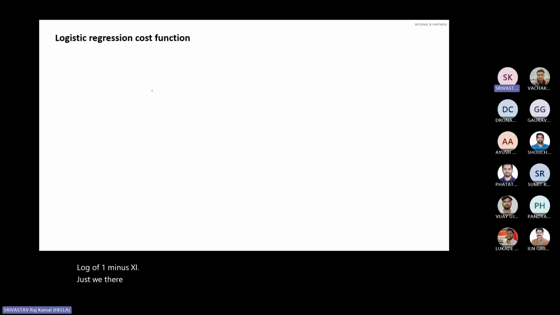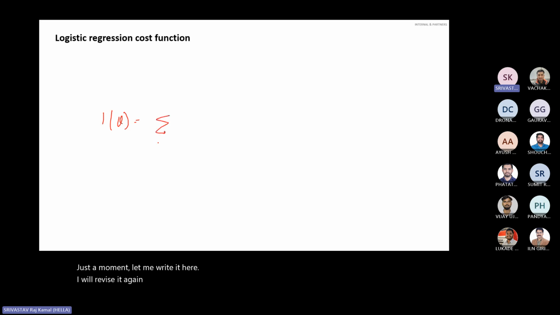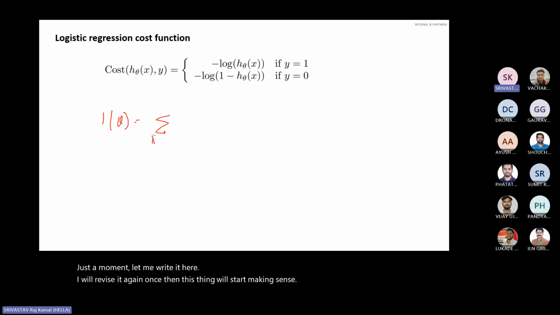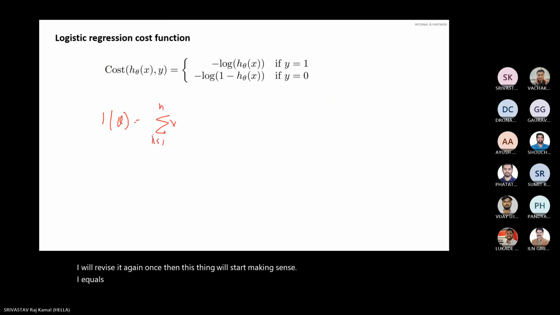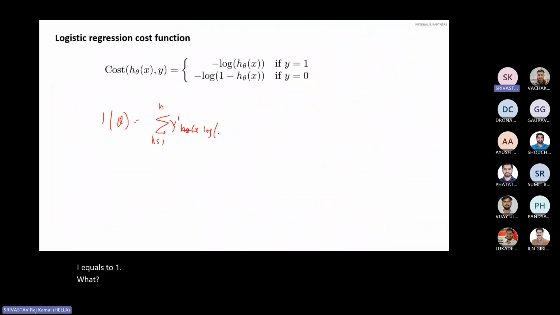Now guys, just a moment, let me write it here. I will revise it once again, then this will start making sense. Sum over i equals 1, of yi log of h theta x plus 1 minus yi log of 1 minus h theta x.